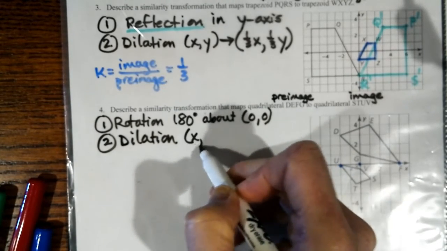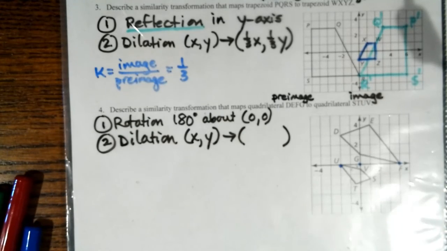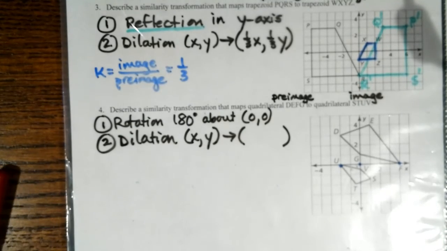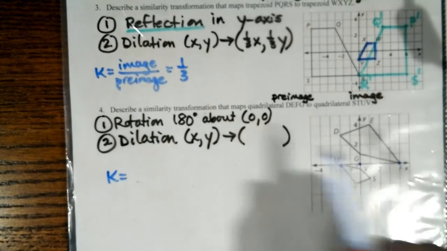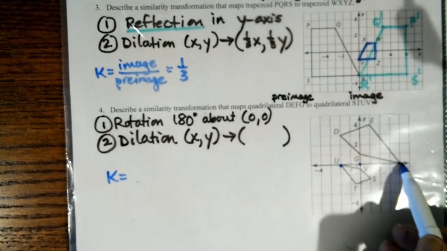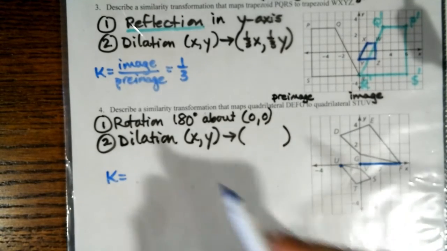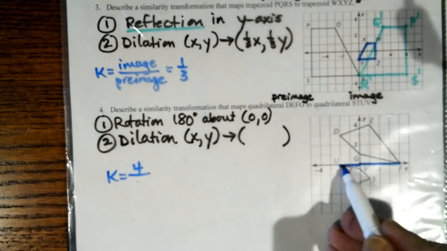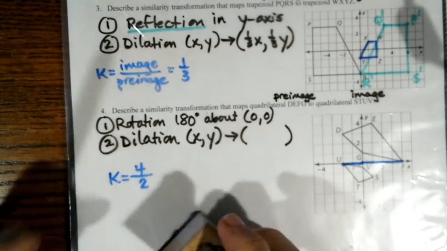So the rule we're going to write is how much are we going to dilate? Well, here's what I would do to figure out my K. It's the image over the pre-image. So this image, F, is 4 away from G. And this image, U, which corresponds, is 2. I just put it backwards. It's not going to get bigger, it's going to get smaller.